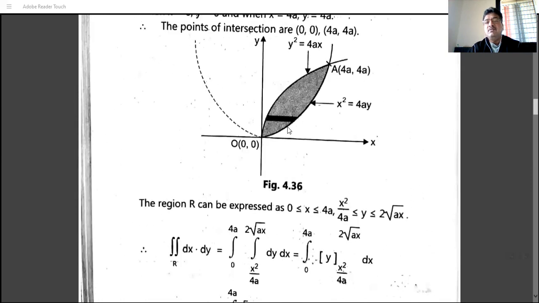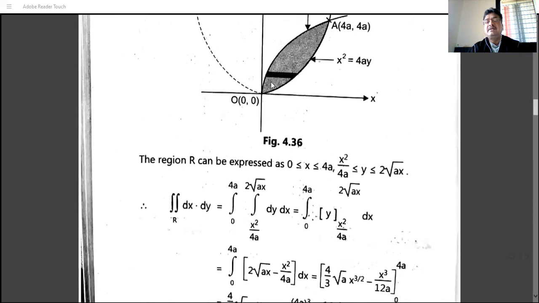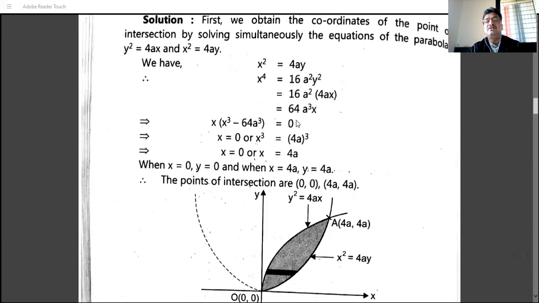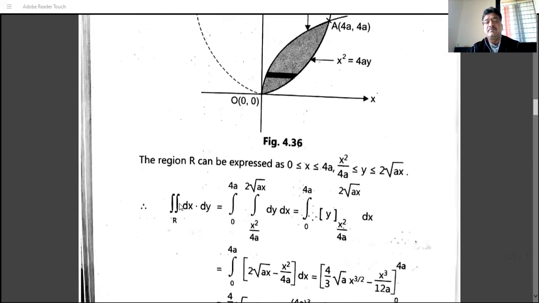Okay, and now we have to find the area bounded by this region. So double integration over R dx dy is the required area. The area of the region bounded by these two parabolas is equal to double integration over R dx dy. Then integrate either with respect to y first or with respect to x first.